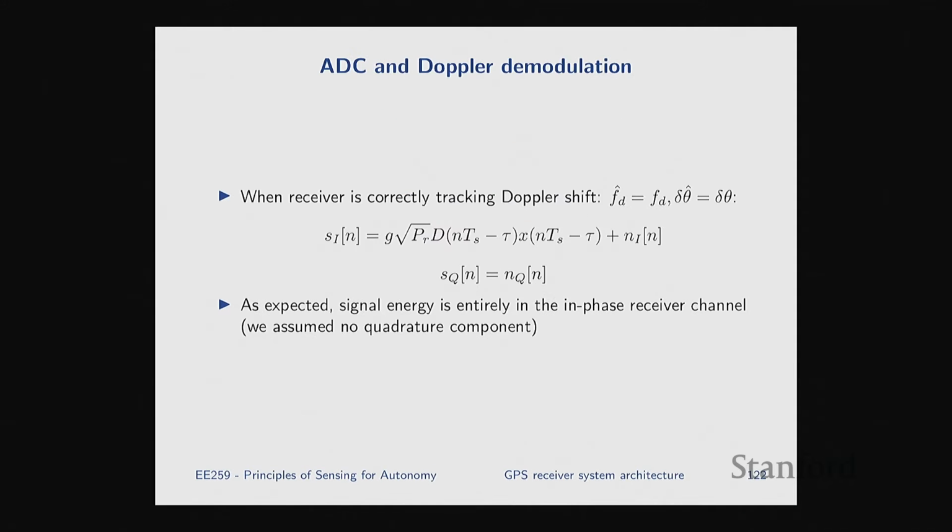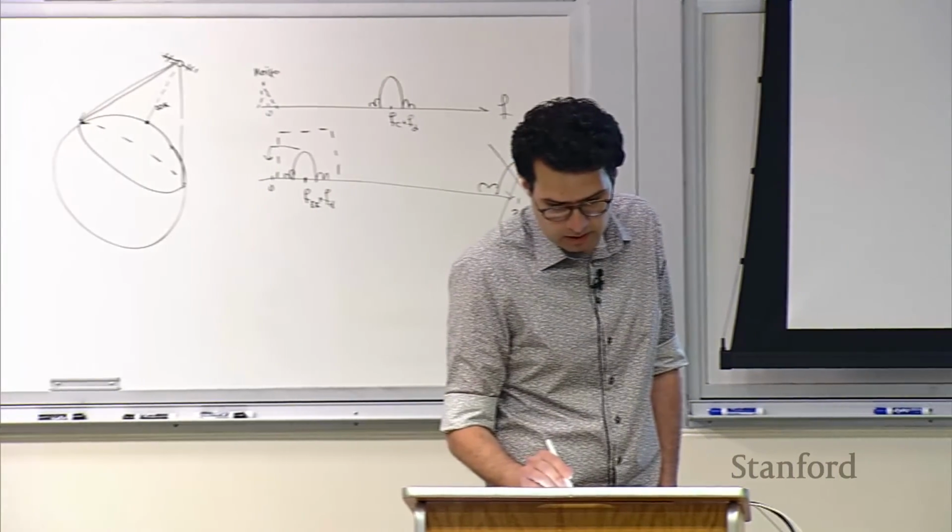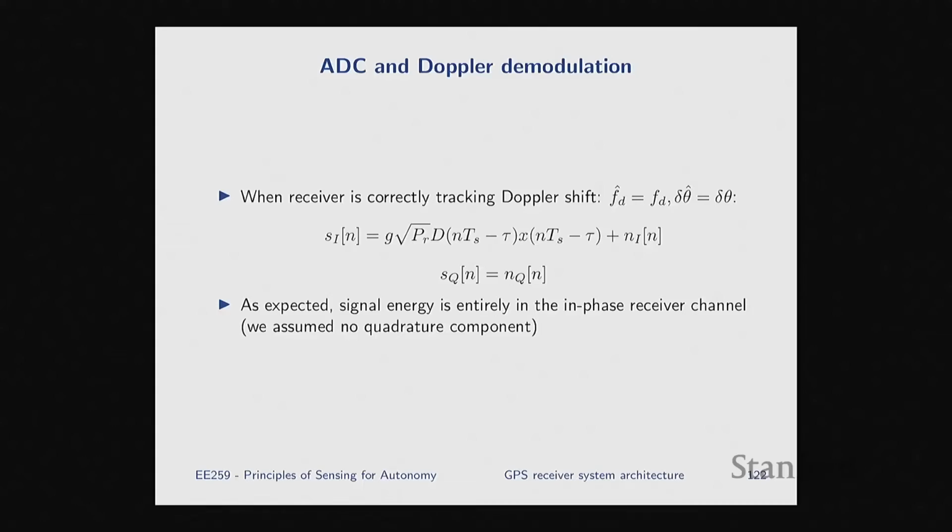Why is the answer no? Because remember, this D varies very, very slowly compared to the coding signal. And because this varies very, very slowly, you can assume this D is also constant.